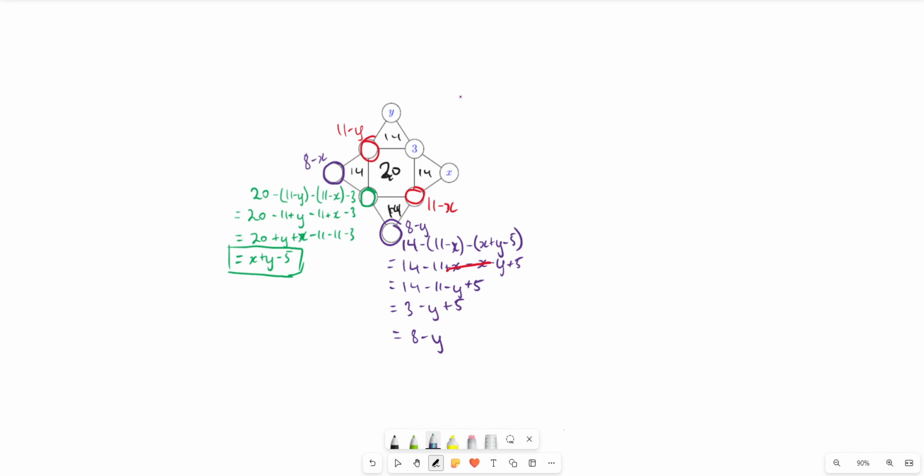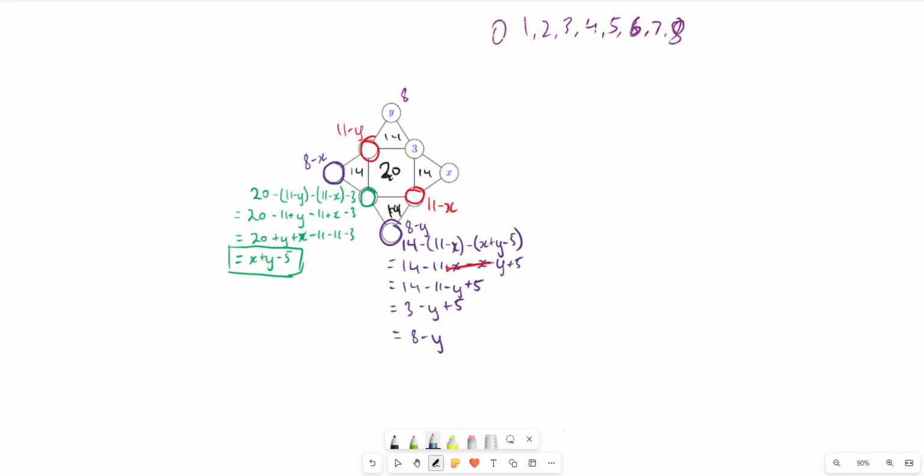So now you can see that we've actually found out all the circles here. And we've got the available digits 1 through to 8. There's no 0 and there's no 9. So starting off with here, we can do a sort of process of elimination. Starting off with 8, this is 8 minus y. 8 minus 8 equals 0.